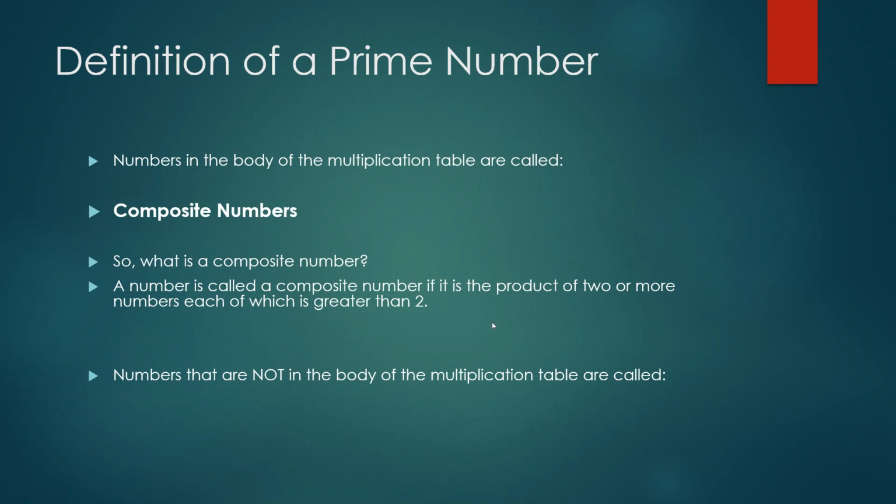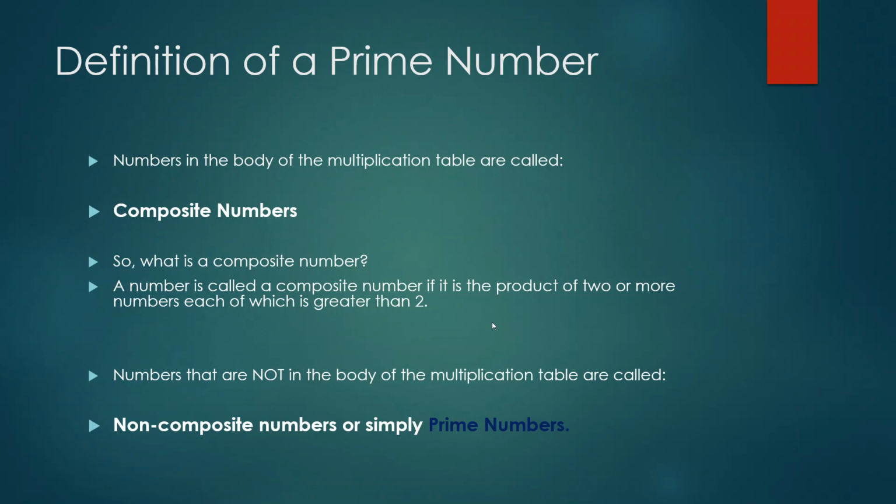So for example, 6 is a composite number because it's 2 times 3. So it's a product of two numbers, each of which is greater than 1.